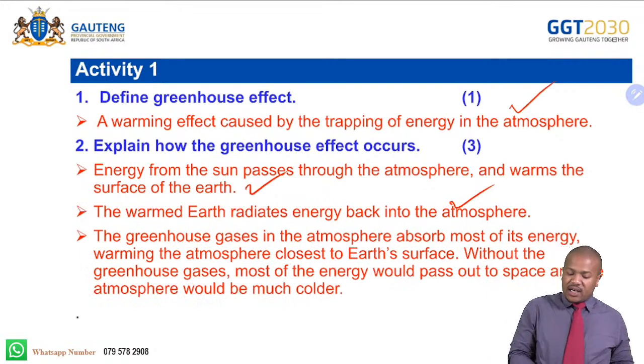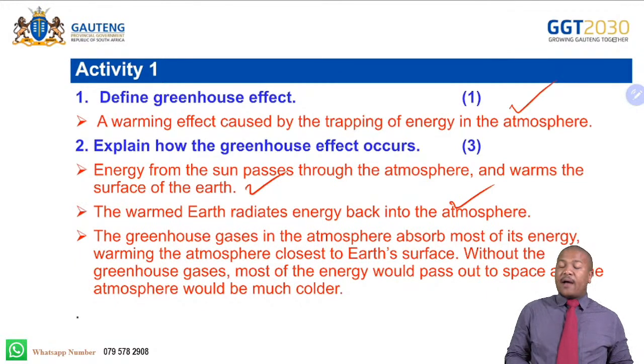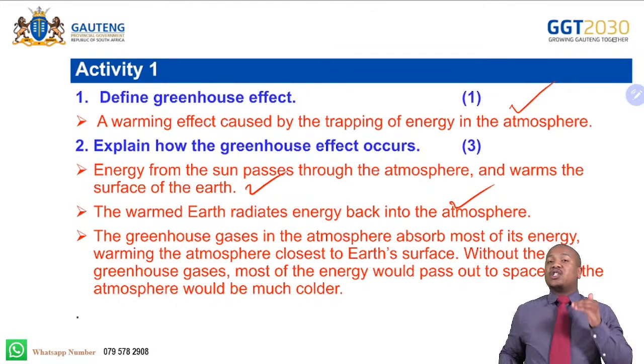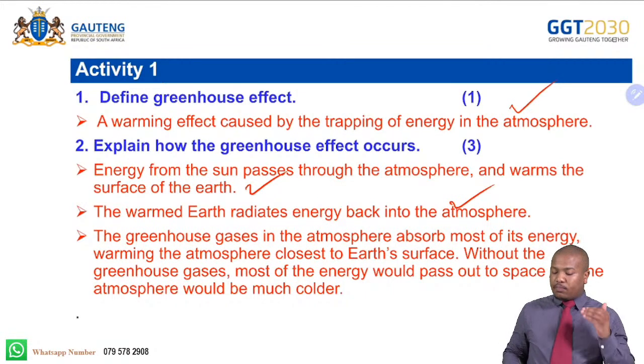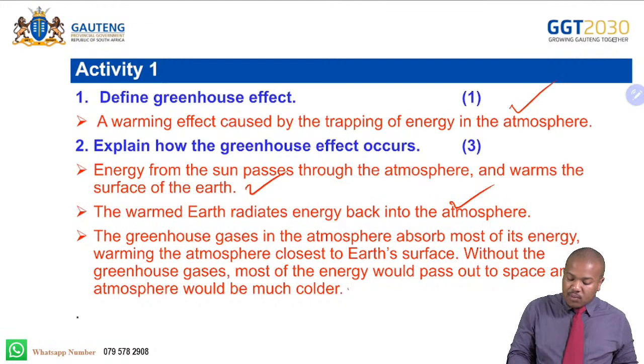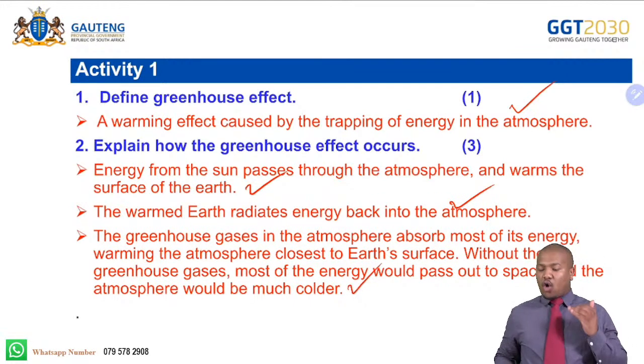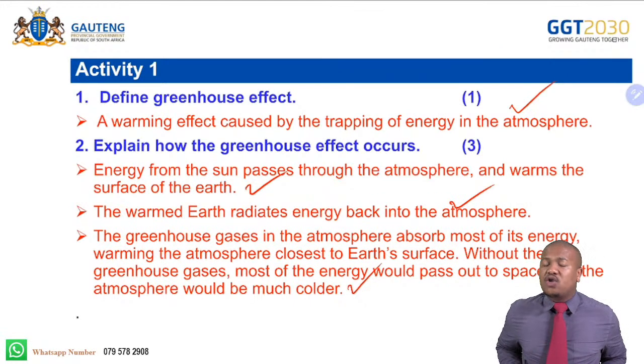So the greenhouse gases in the atmosphere absorb most of its energy, warming the atmosphere closest to the Earth's surface. And we said that without the greenhouse gases, most of the energy would pass out to space and the atmosphere would be much colder. So let's just take a quick 2 minutes to write down the corrections.